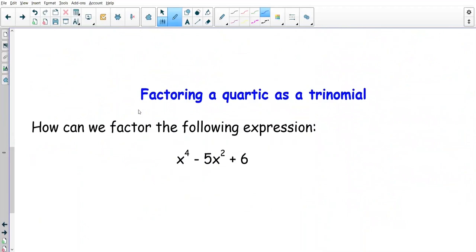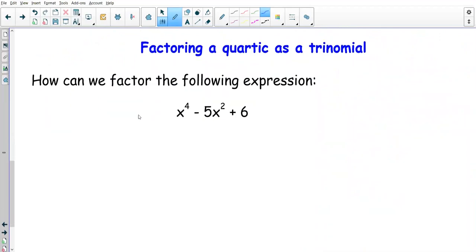Other things we can do, we can factor a quartic as a trinomial, and we've done this actually way back in grade 10. So I'm just going to do this with a little substitution. We didn't always do this with a substitution in grade 10, but we'll see how we can do this. If I let z equal x squared, that turns this fourth degree polynomial into something that's a second degree in z.